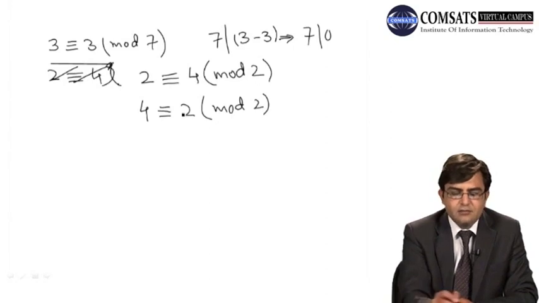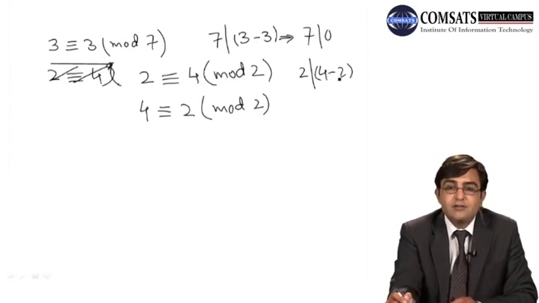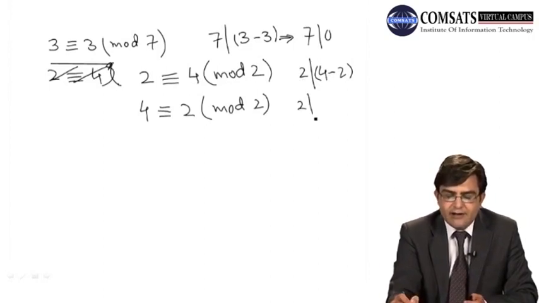Here n is 2, a is 2, b is 4. So in this case 2 divides 4 minus 2, which is 2, so 2 divides 2. In this case 2 divides 2 minus 4, and 2 minus 4 is minus 2.